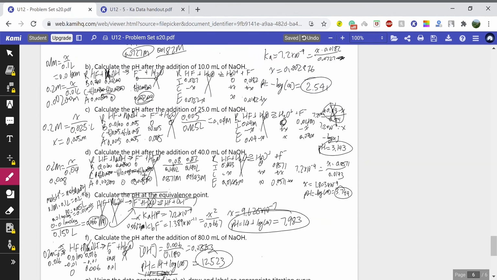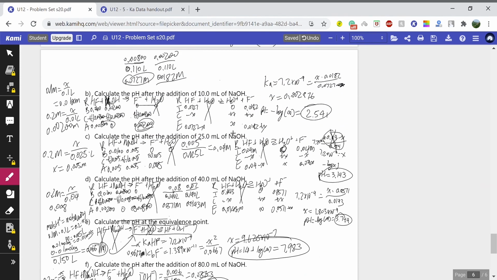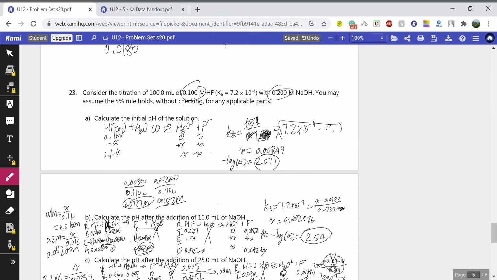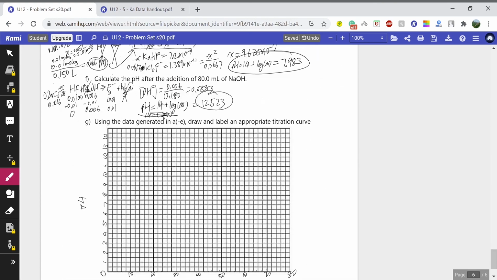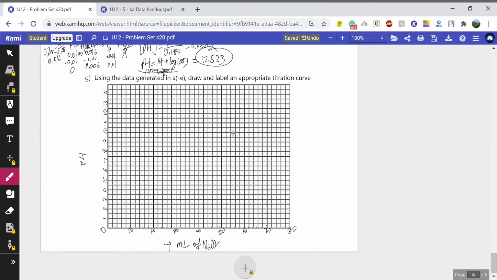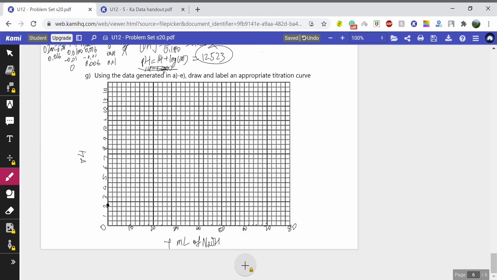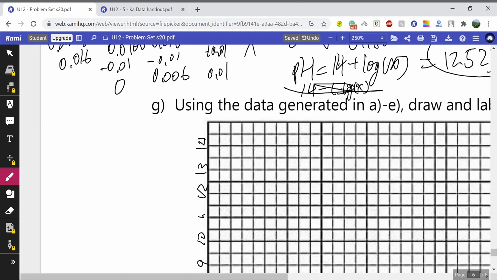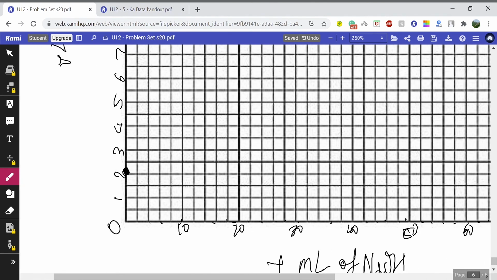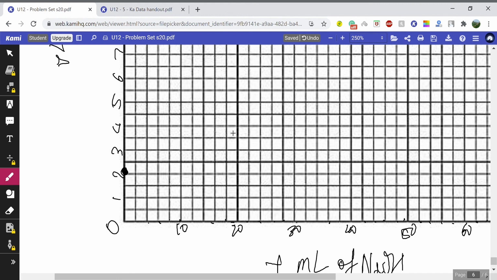So when we add 0, the original pH is 2.07, which is over here. Now when we add 10 milliliters, it's going to be 2.54, so it barely increased. It's past this line, so it's going to be over here.